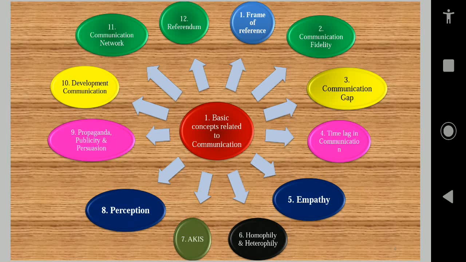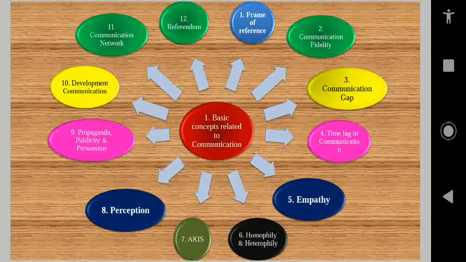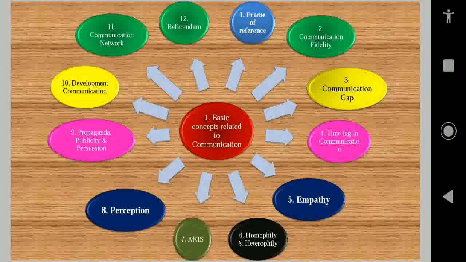Then come to empathy. What is empathy? Empathy is the ability on the part of one person to understand the other person's internal frame of mind and frame of reference and accept the same. This acceptance does not mean agreement.